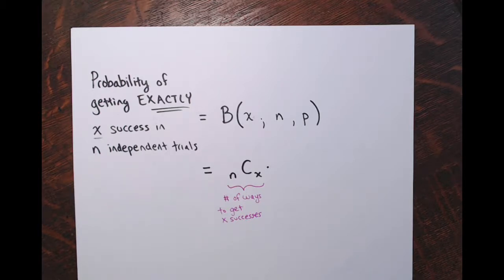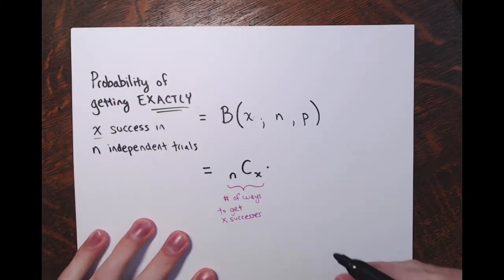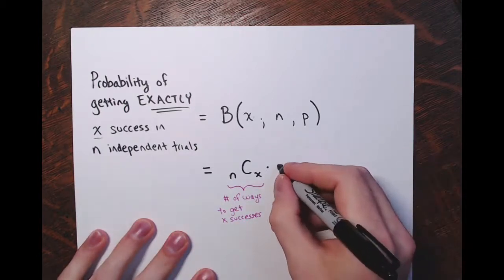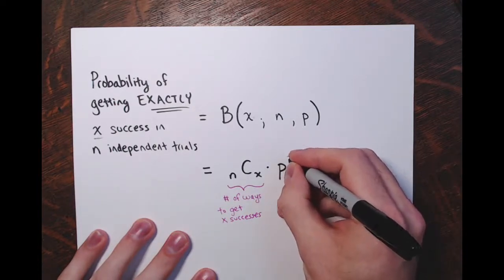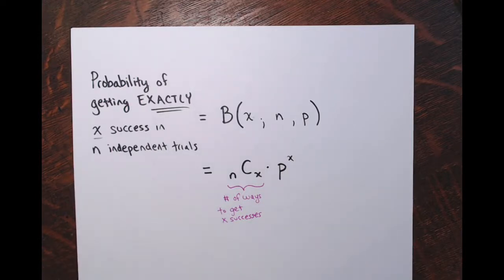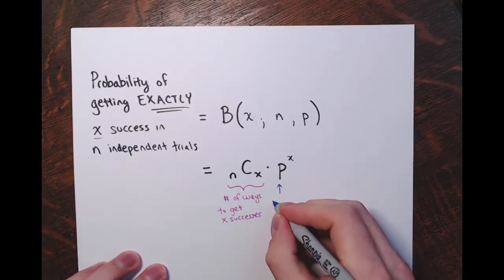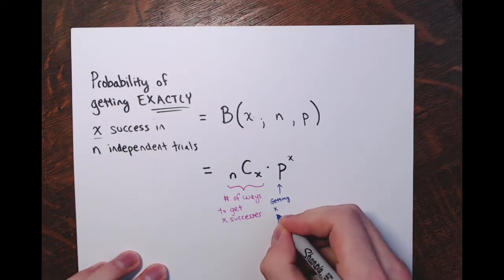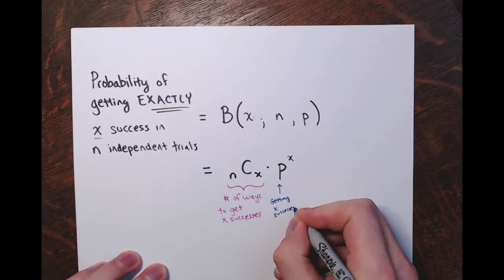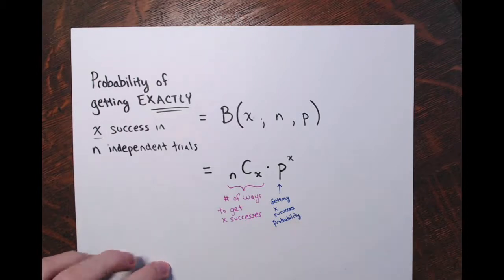And these are independent, so just simple multiplication. So I'd have P times P times P times P, X times for the X successes. So this is probability of a success, but to the Xth power. All right, so this part of the formula is giving me the probability of getting those X successes. Sorry about the tiny writing.